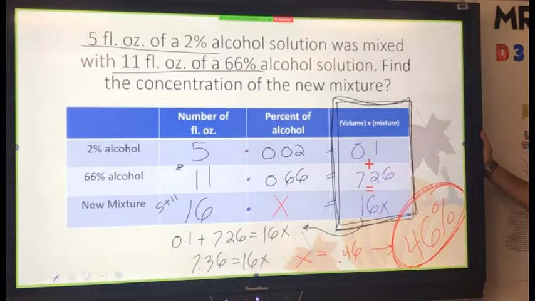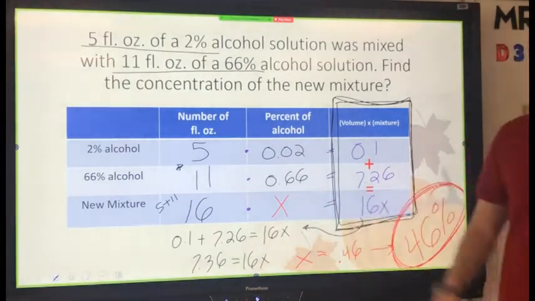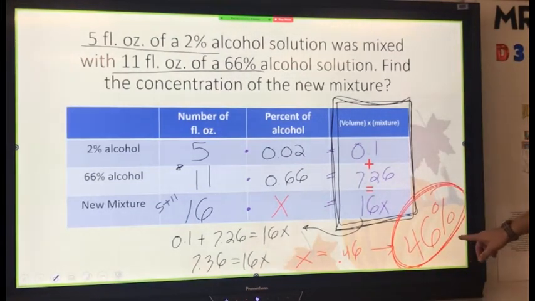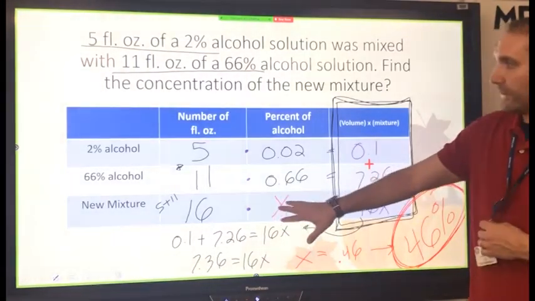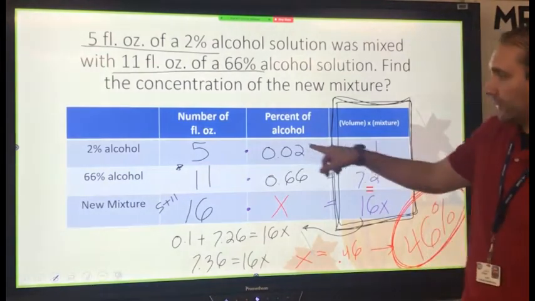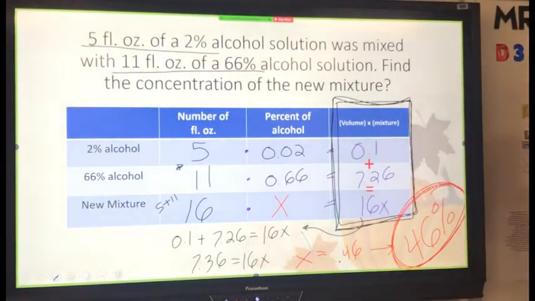That is our percent of alcohol in the new mixture. So if your goal was to get 46% alcohol with this mixture, how do you pull that off? You need 5 fluid ounces of the 2% and 11 ounces of the 66%. That'll give you 46%.